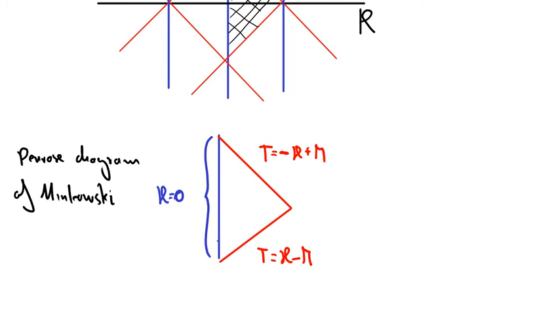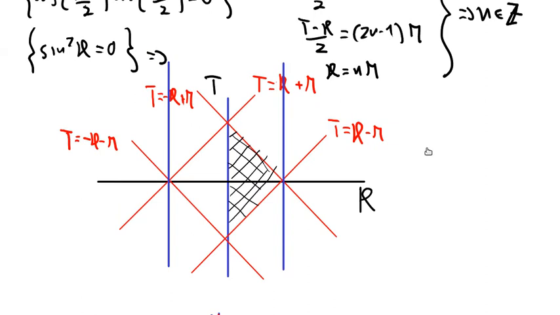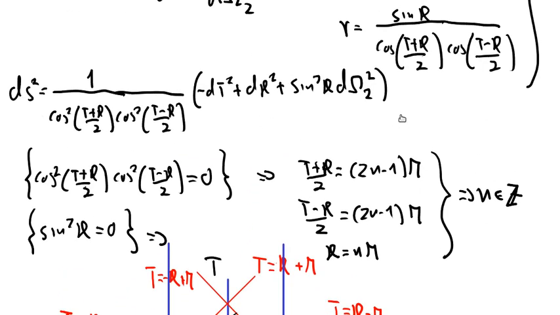We actually have already discussed this diagram when we discussed the conformal compactification of Minkowski. If you didn't listen to that lecture, just remember that this metric represents the Einstein static universe.